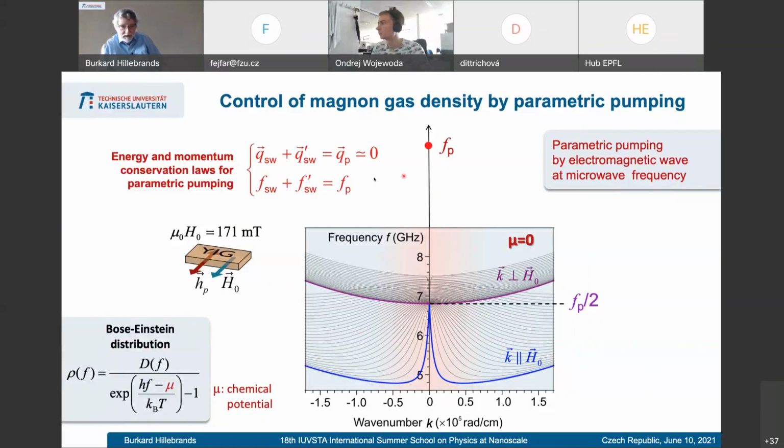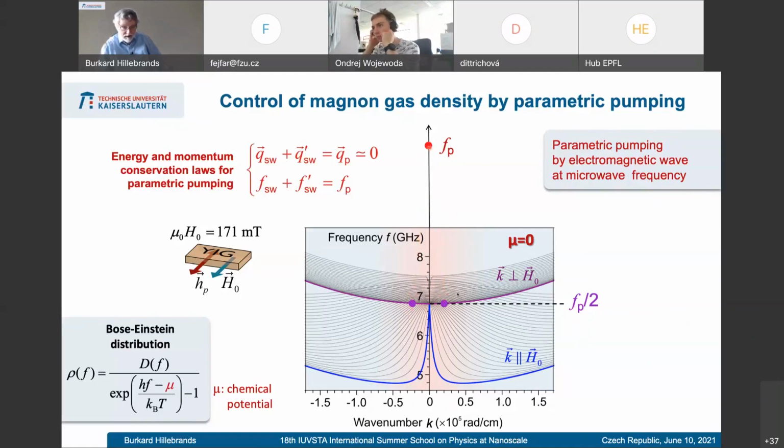Now if this is the system, we take a microwave source with this particular frequency. This frequency now generates magnons parametrically here at half the pumping frequency. You see that. But you also see that magnons are always generated in pairs of two, like these two pink ones, so that the total wave vector is conserved.